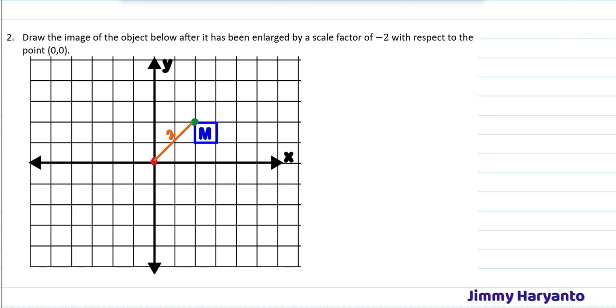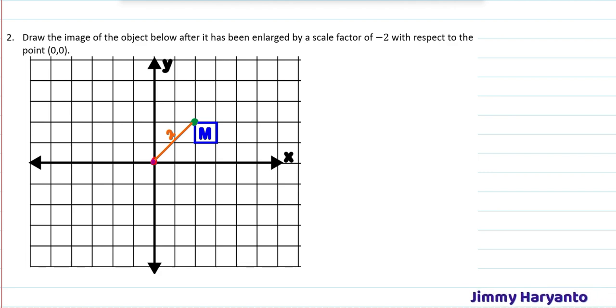And because the scale factor is negative, you have to create another line from the center, but this time you will not go towards the point, but in the opposite direction.